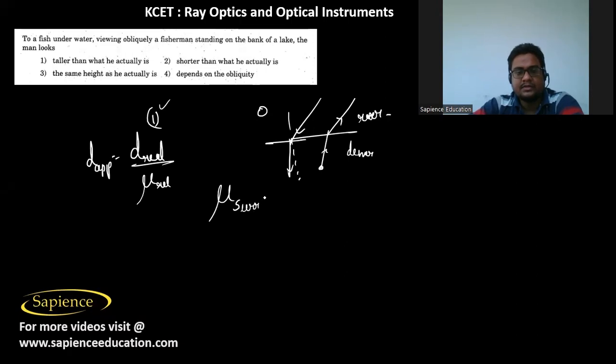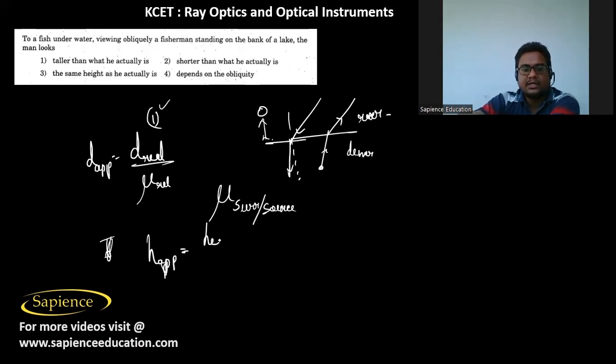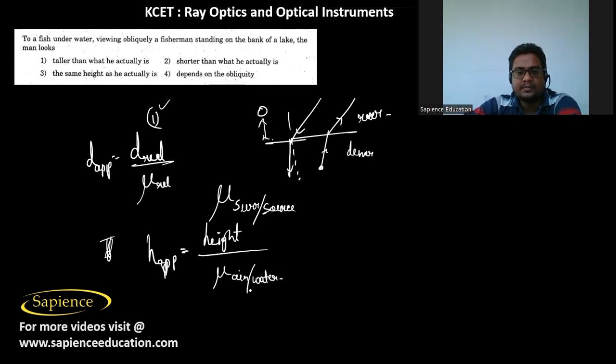Since the fisherman is outside, the apparent height will be equal to the actual height divided by mu relative.